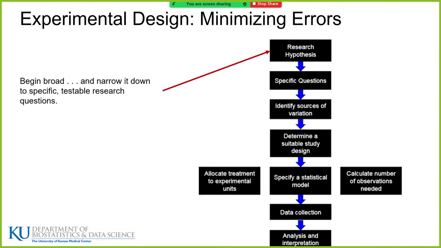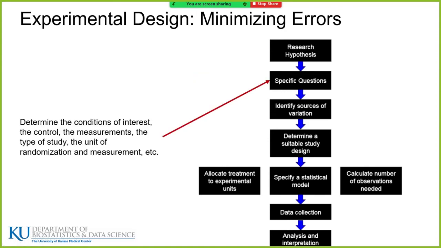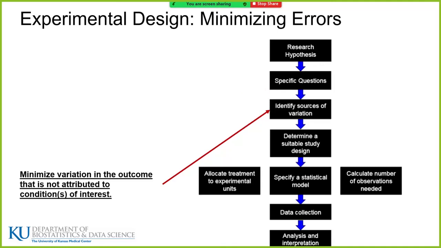So we begin with a research hypothesis, but we have to narrow it down to some specific testable research questions. From those research questions, that allows us to determine what is the intervention or interventions, what is the control or controls, what are we measuring, when are we measuring it, how are participants in this study going to be assigned to treatment, how are they going to receive treatment. You try to break your own study by thinking about, well, what could happen here to make this result inaccurate?